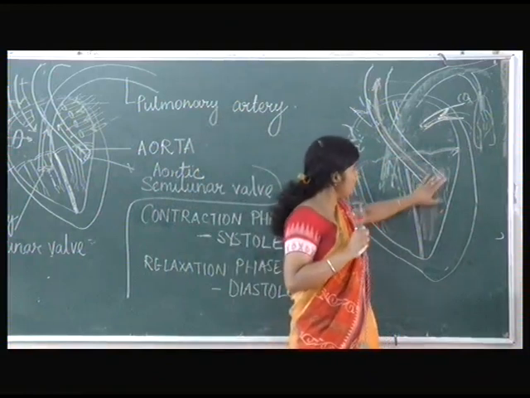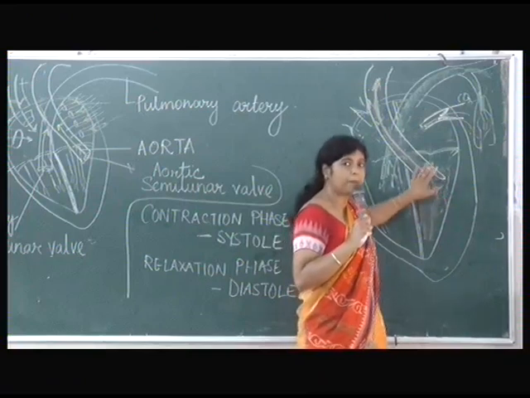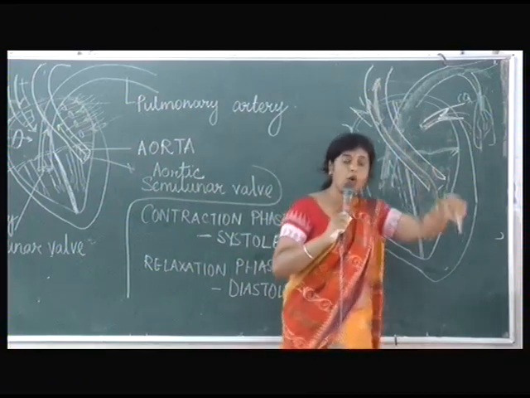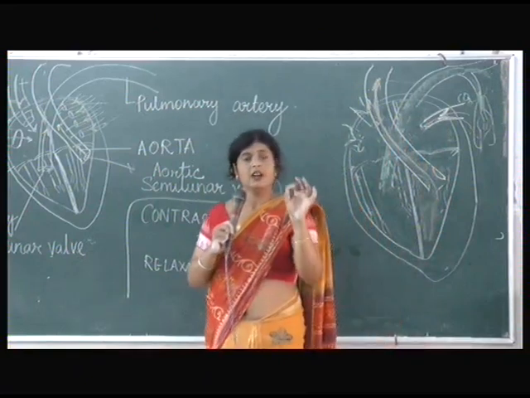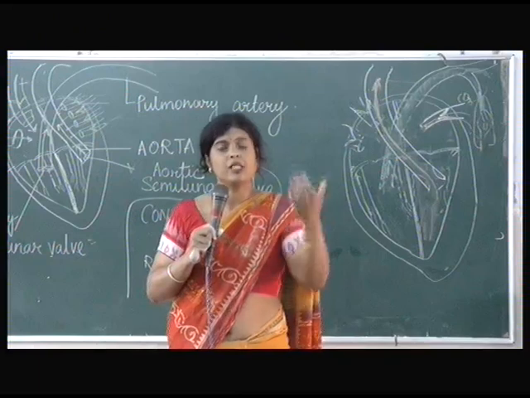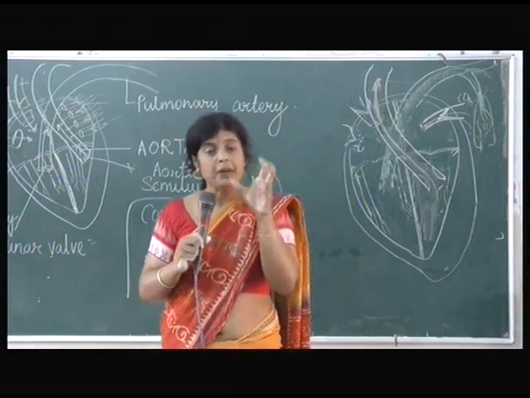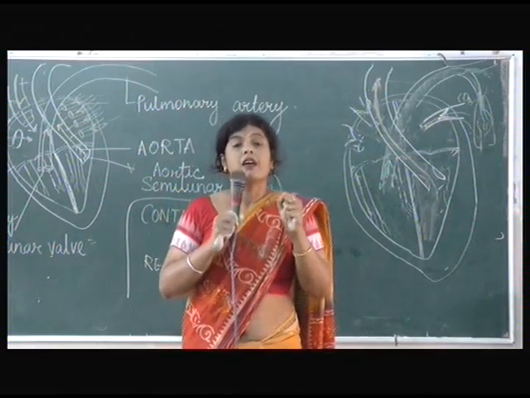Is it clear? And what about the left ventricle? The left ventricle is pumping blood to different organs of our body. Is it clear? Even to the farthest organs, to your legs, to your toes, it is going, and it has to circulate, so the pressure which has to be applied is more.